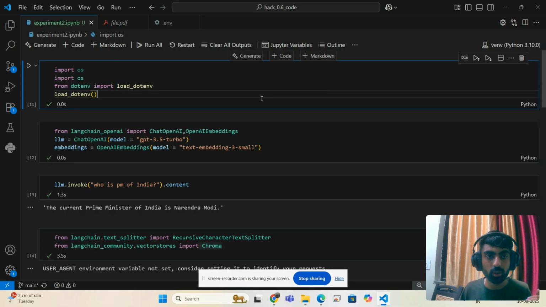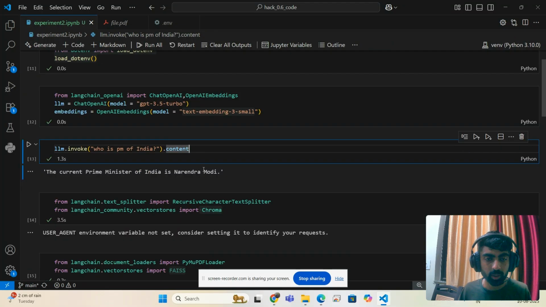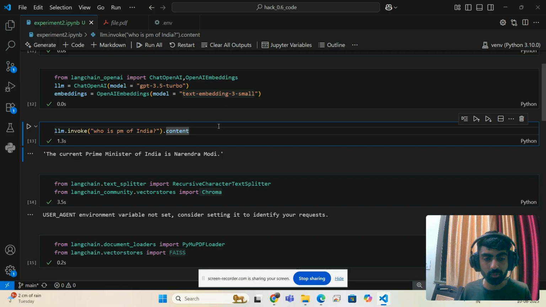First of all, we will activate our secret variables. We will import our large language model along with embedding models. We will import our GPT 3.5 Turbo. This will be our LLM model, and this one is for the embedding model. Okay. Now we will see whether our LLM is working fine or not.